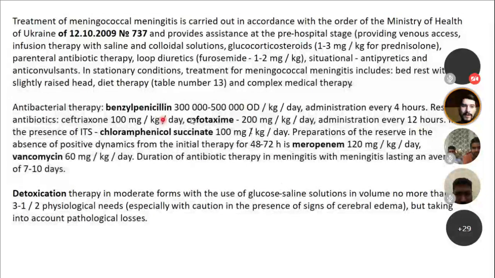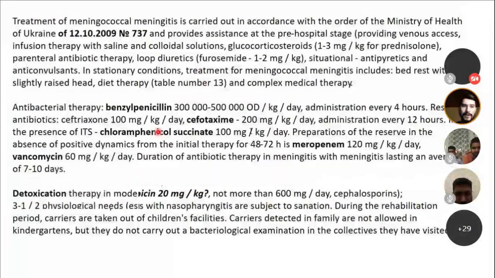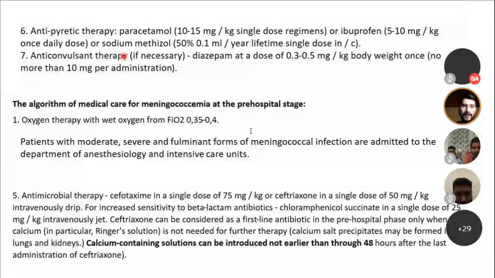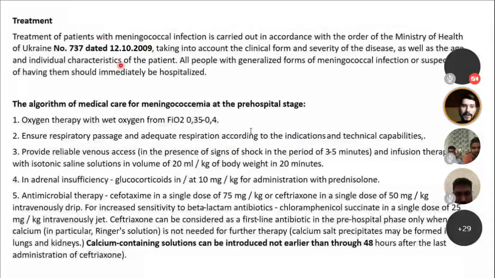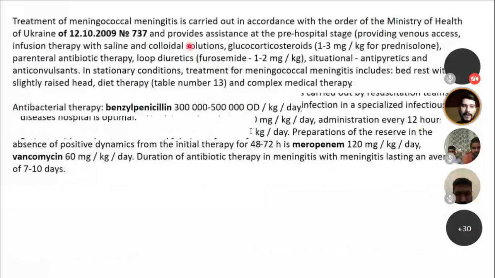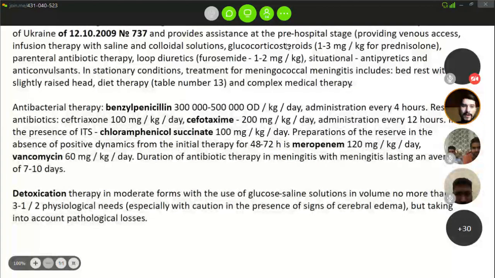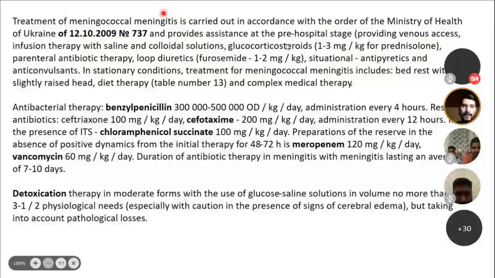So there's another protocol, which you may have in the MCQ 737. The 737 again says that before admission, if the person is having meningitis, because previously it was meningococcemia, now we're having meningitis, you want to make sure you give glucocorticoids before admission. What is the reason behind it?